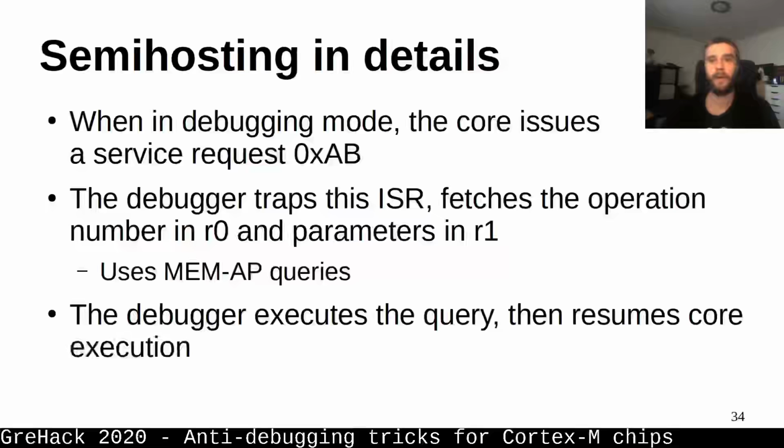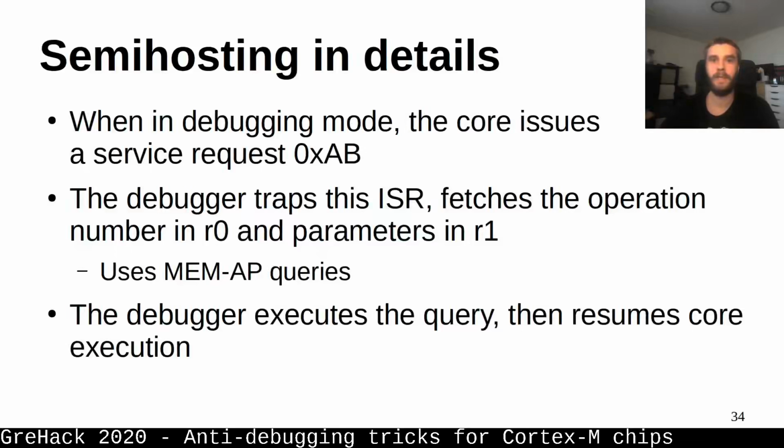So how does it work? Once the device is connected to the debugger, it can execute the service request instruction, and this instruction will generate a debug event that will be trapped by the debugger.